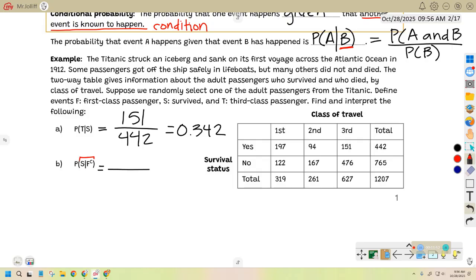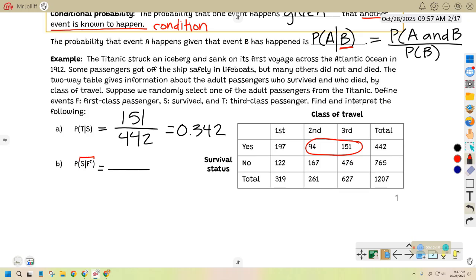Where is that in my table? Better question, is that one box or more than one box? More than one box, because not first class is second class or third class. So that's 2 boxes. I want survived, so I'm in the top row, and then second and third class.